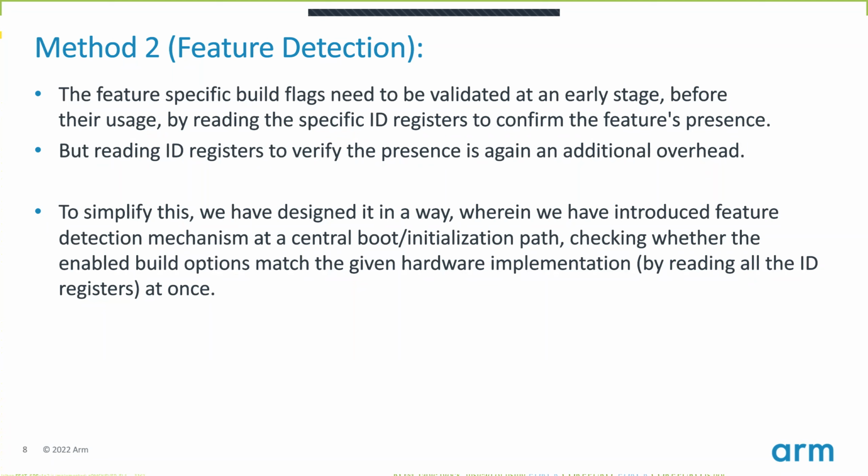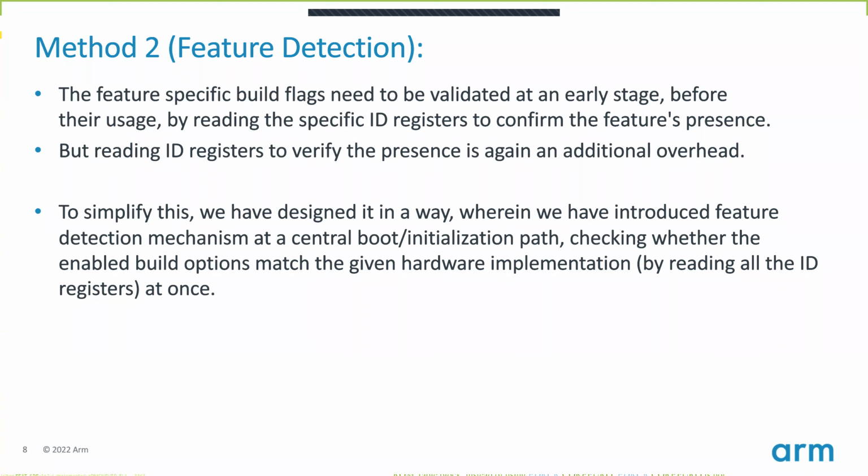But again, reading these ID registers all the time is not a good approach, because during runtime there will be a lot of context management happening from EL2 to EL3 and vice versa. Every time if we keep on reading the ID registers, that will be an additional overhead. So again, we thought of simplifying this by bringing this mechanism to a common place, wherein at one time we will read through all the build flags and get them validated.